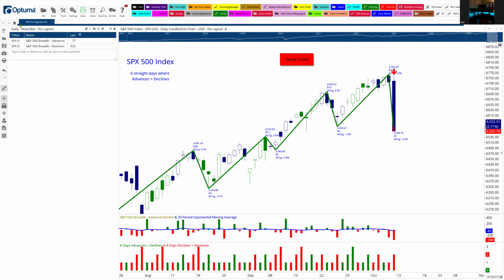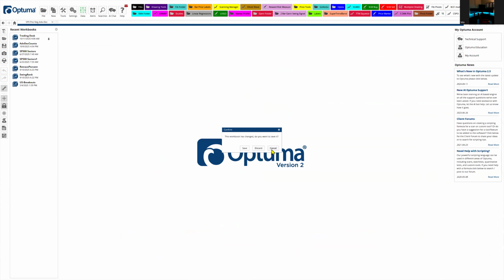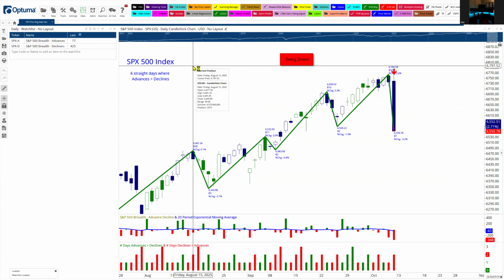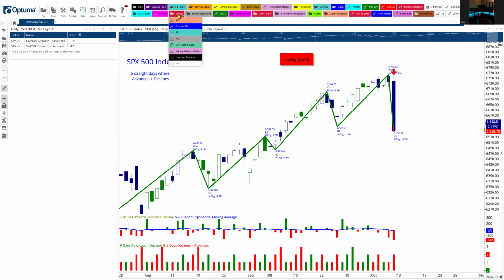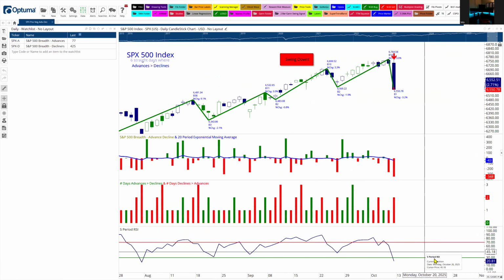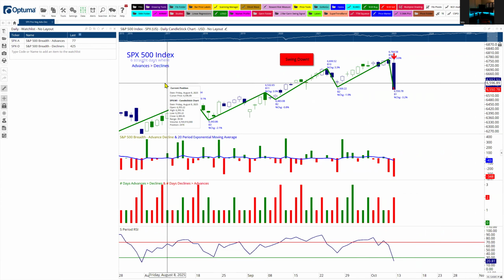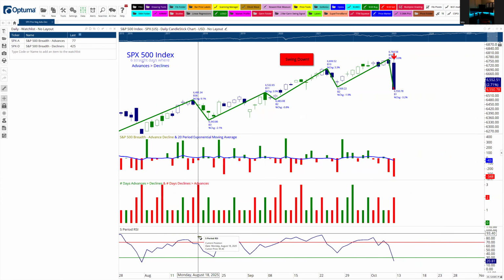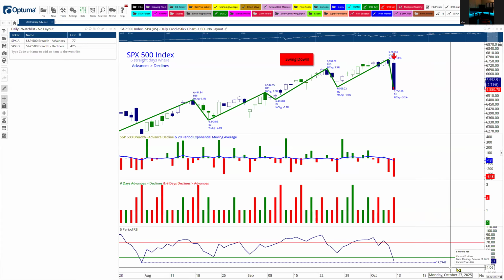Mo, how oversold are we on a short-term time frame? If we put an RSI here at 20, the last time we were here, 17.77.